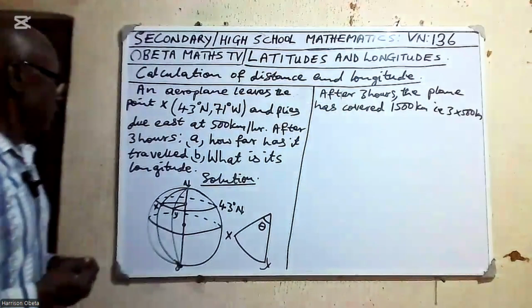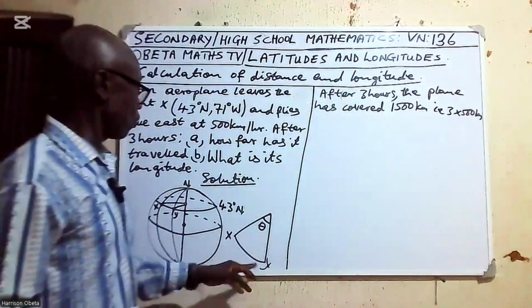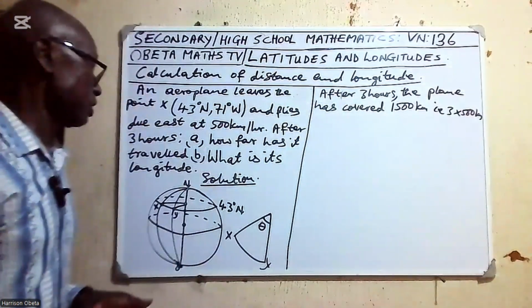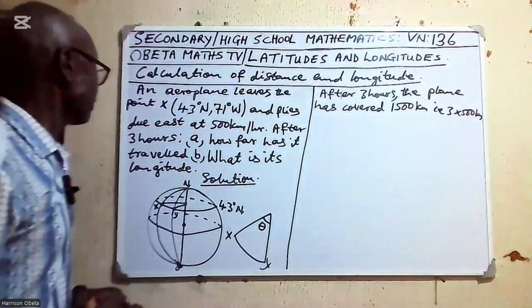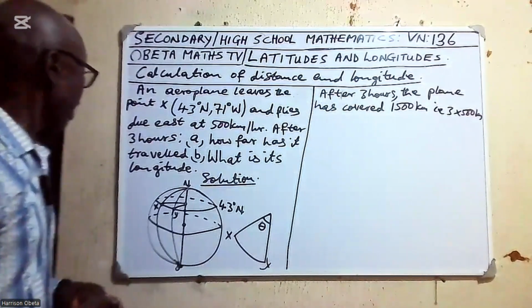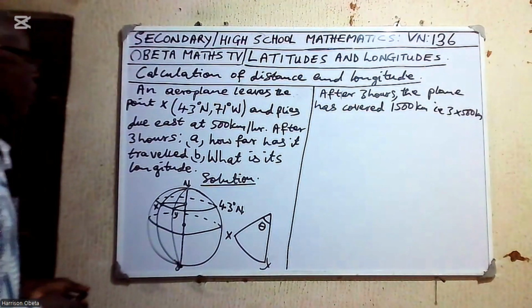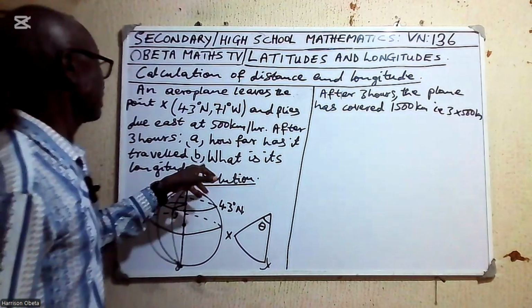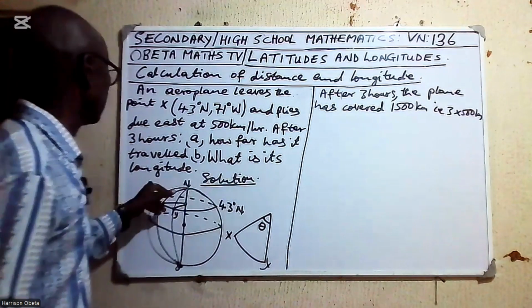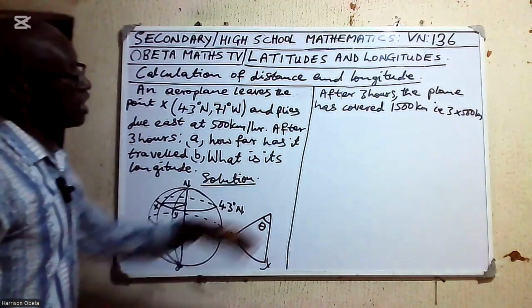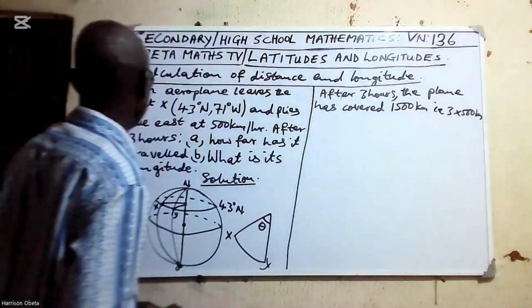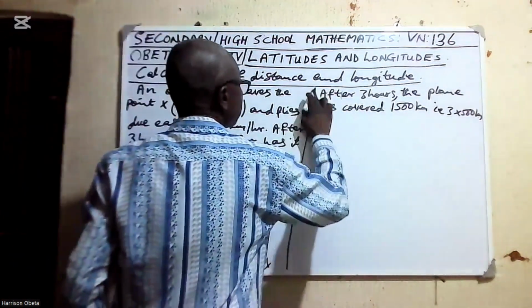So then that means from X to Y, it has covered 1,500. Now, the next thing is, how do we get the longitude? Because we were asked, what is its longitude? We have succeeded in getting the distance, and that is question A.